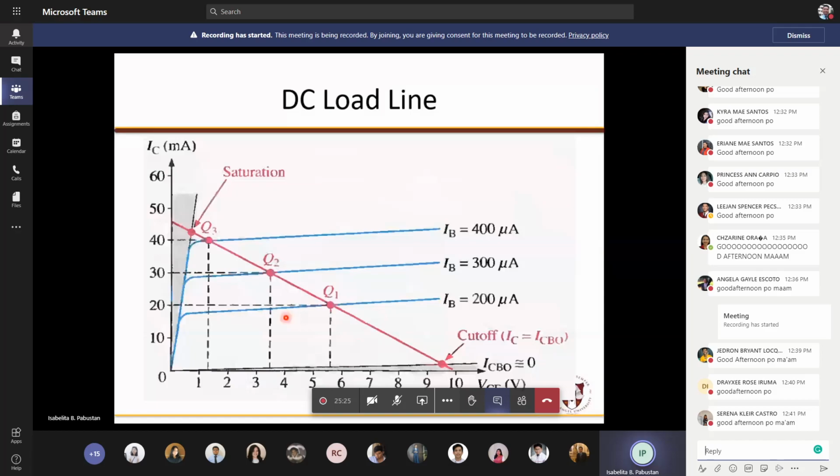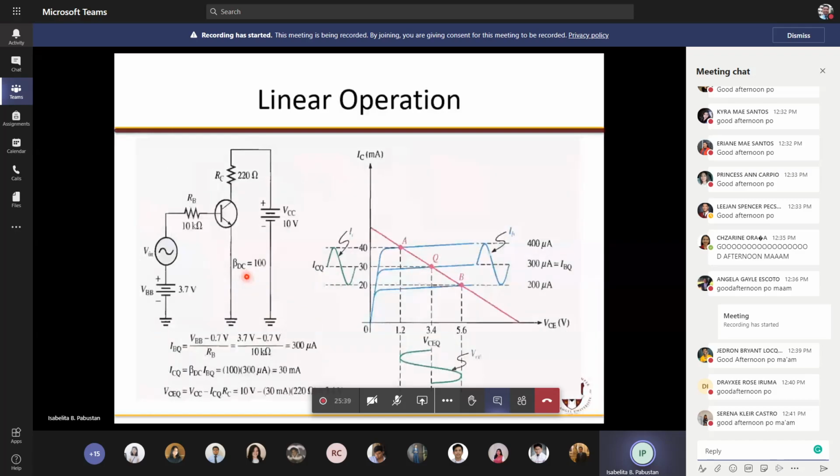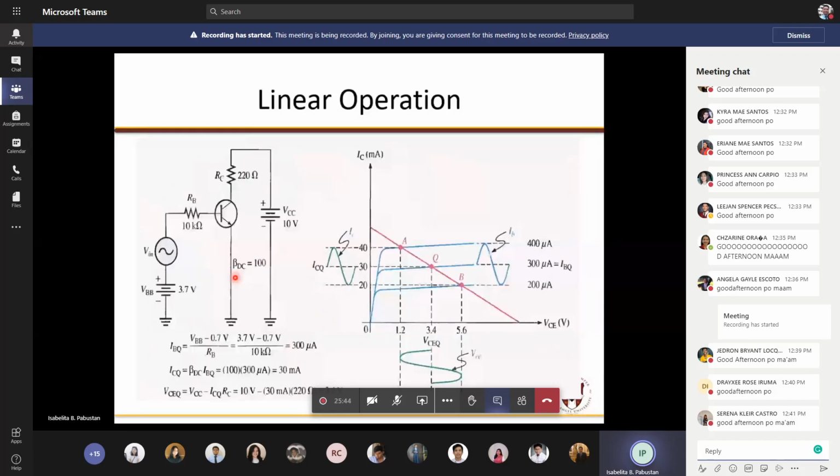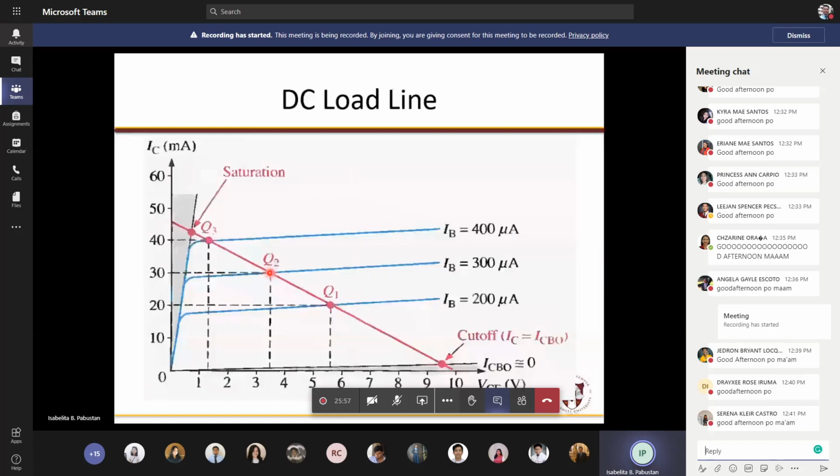Now, kanina, when IB is equal to 200 microamperes, the IC is 20 milliamperes. You will be able to compute that actually if you know the beta, like for instance this circuit, dito the beta is 100. Okay, so for an IB of 300 microamperes, yung operating point na ito, you can compute actually for the IC, and IC is equal to beta IB.